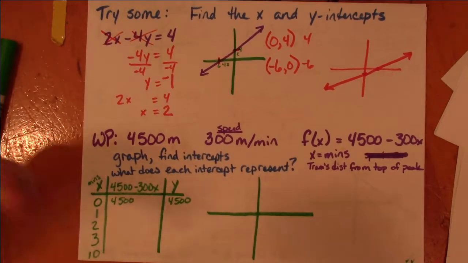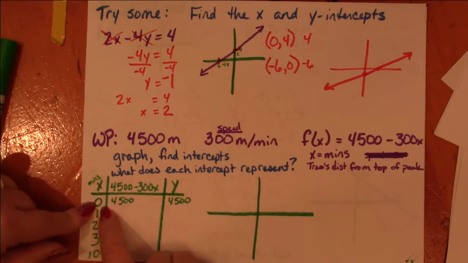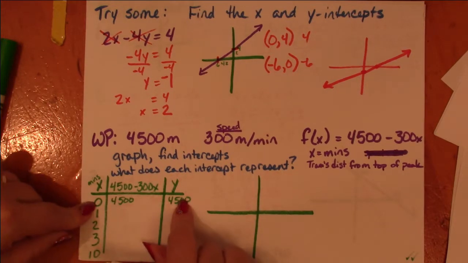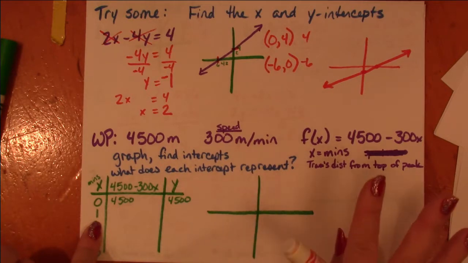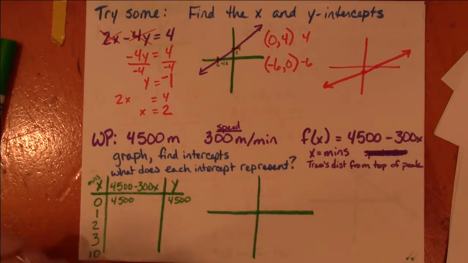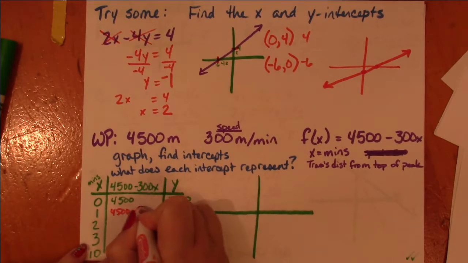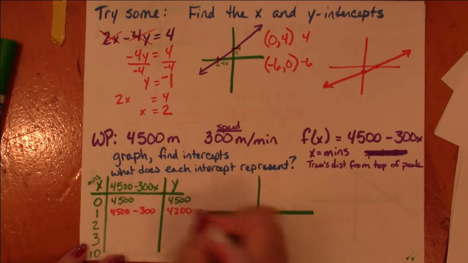These are the questions we have to answer. So when I'm trying to figure something out, I'm going to go back to what's easy. And I know that after this many minutes, I'm going to be this far away from the peak. Let's work out a couple of these just so we know what it means. If I'm 4,500 minus 300, that's 4,200 from the peak.